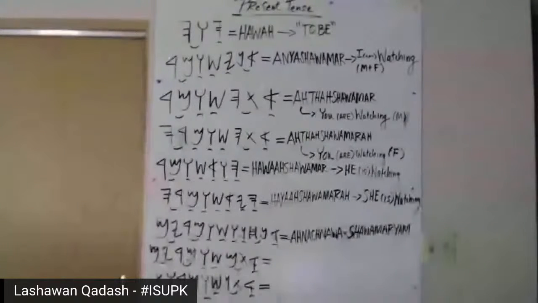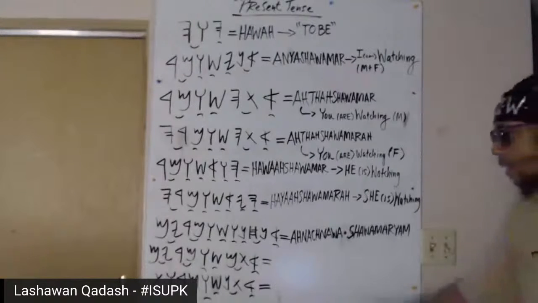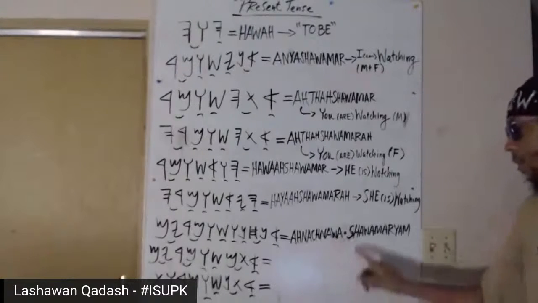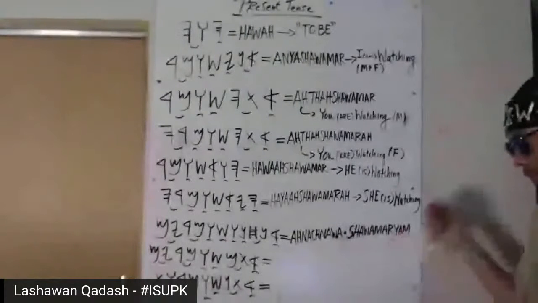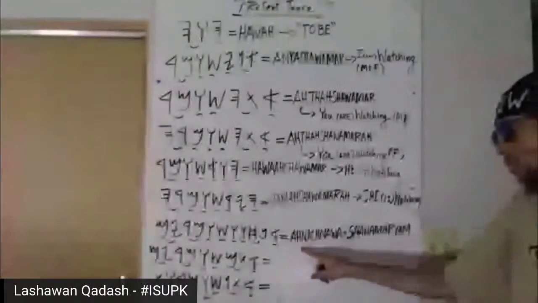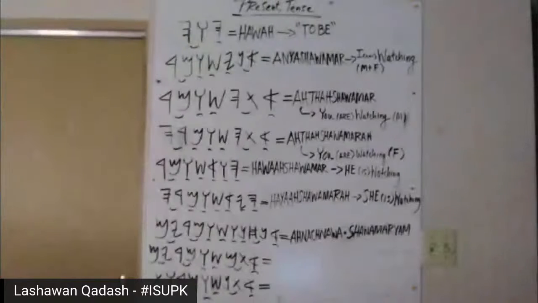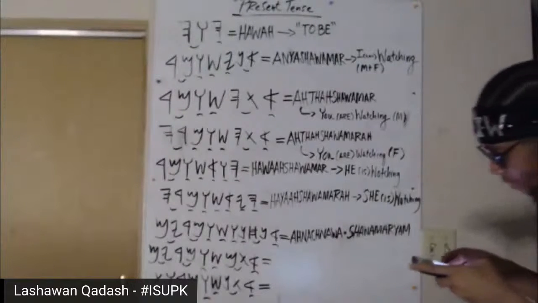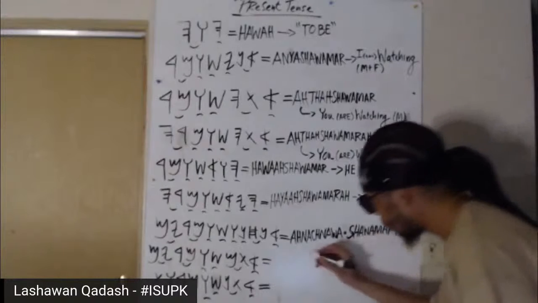Don't sweat it. I got you. Anak Nawa Shawamaria. Okay? And of course, we just went over this as a pronoun. All right? And simply what this means is we are watching.